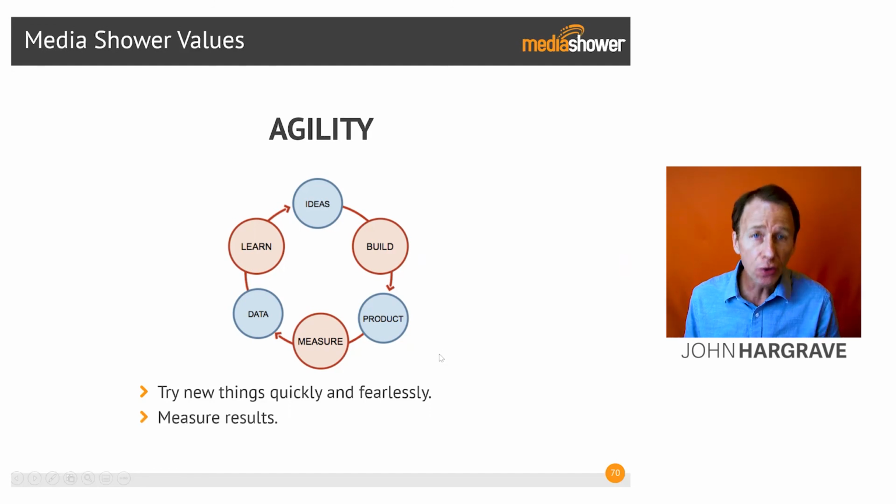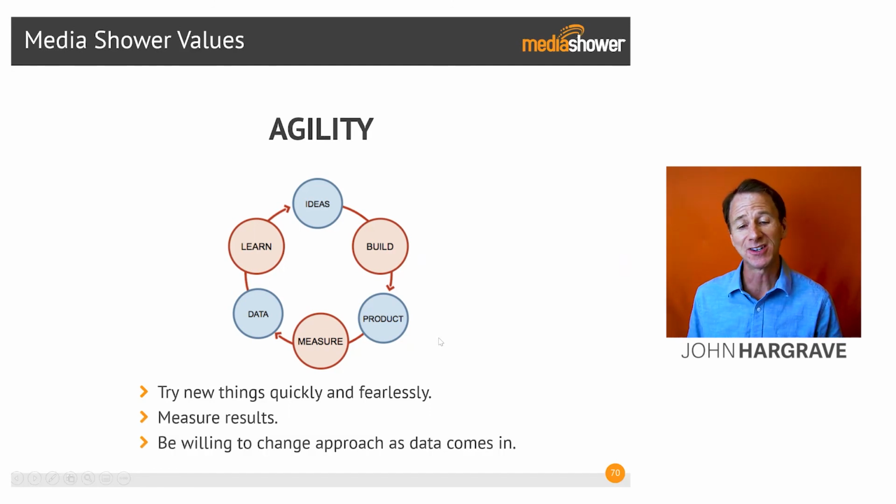And we're going to learn from that. We can measure those results, and then we can change our approach as that data comes in. That's what agility is all about. So that's how the assembly line sometimes gets held up, and that's how we can improve the assembly lines for our clients and for the world.